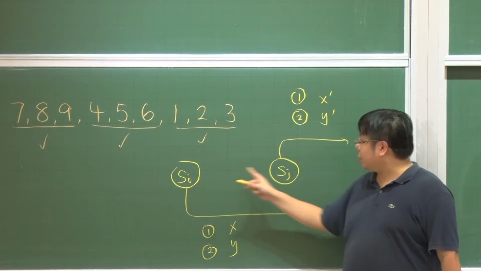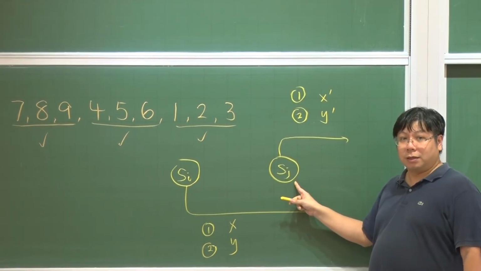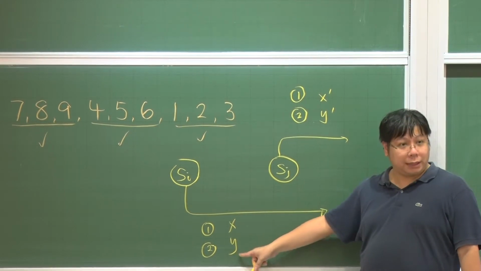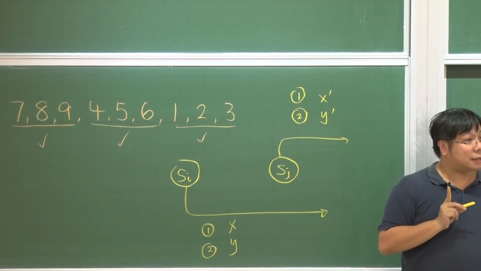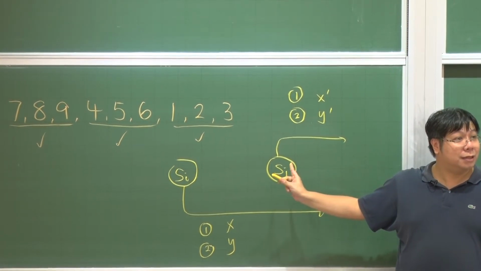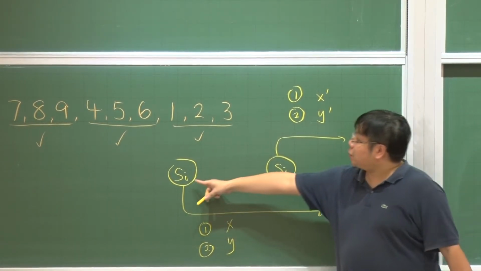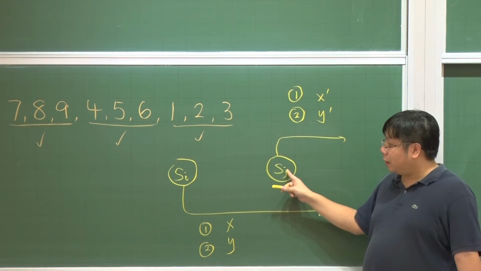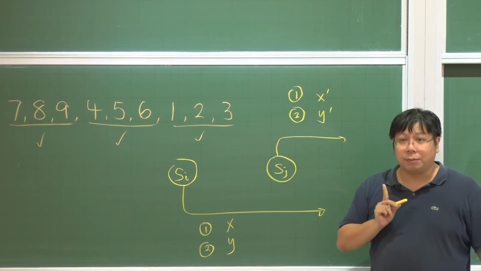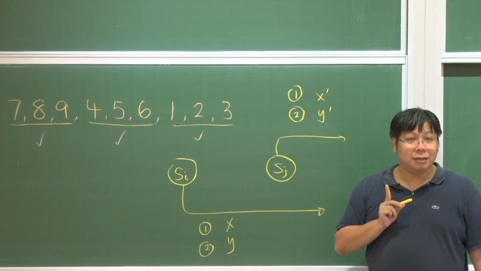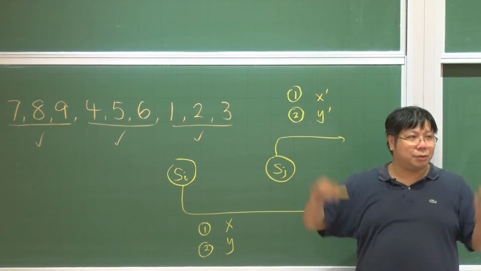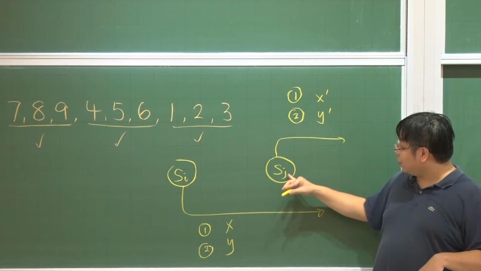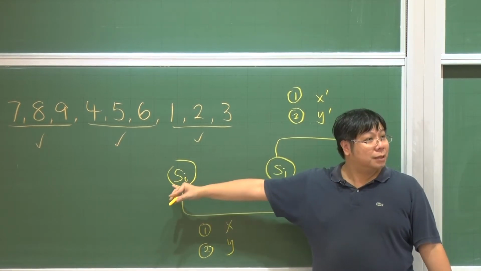If this one is larger, this one is smaller, then the longest decreasing starting from Si has to be longer than the longest decreasing starting at this position. Is that okay? Similarly, if this one is smaller, this one is larger, then what will happen? Then X has to be longer than X prime. Is that okay? The key point is that for any longest increasing sequence that we define, we include this number.